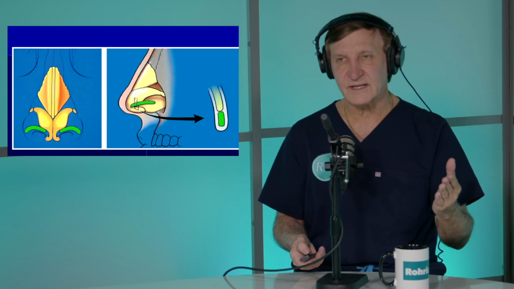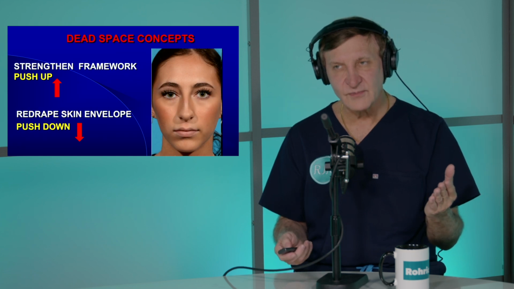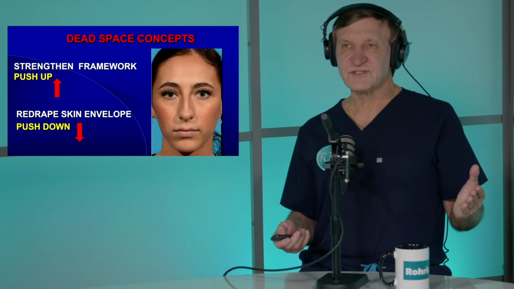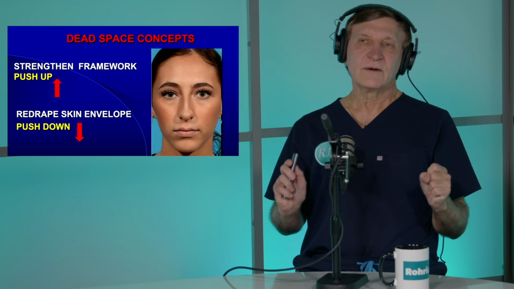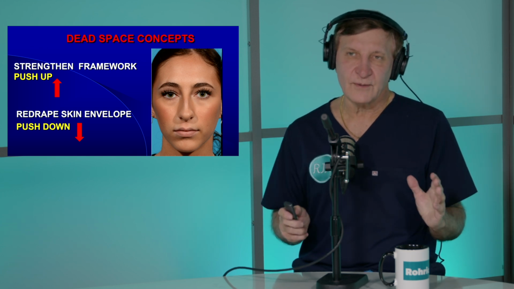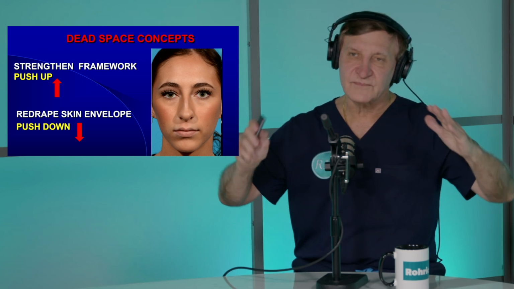That's the evolution and the summary of this AI-generated podcast, because you're using the framework to push up and redrape the skin around it, and that gives you the result that you want. In this case, tip shaping is the gold standard. It gives you a beautiful tip, softens the nose, and enhances the innate beauty she has as a female, and that is the power of a septal extension graft.